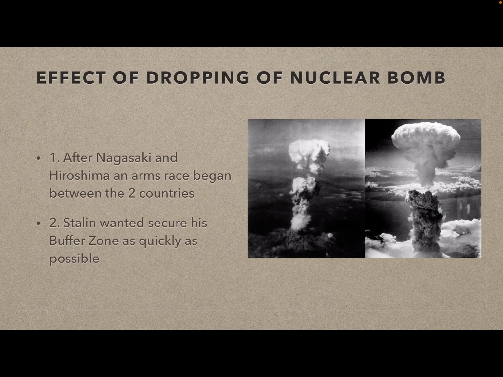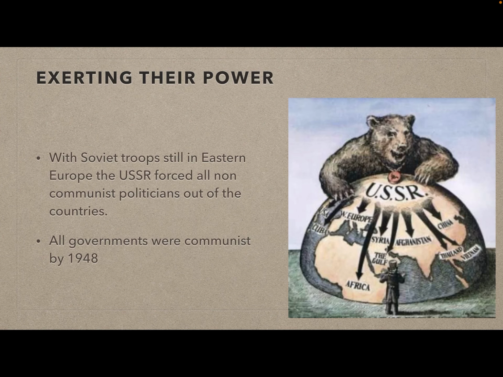So with the dropping of the atomic bombs on Nagasaki and Hiroshima by the United States, an arms race began between the 2 superpowers, and Stalin wanted to secure the areas in this buffer zone, or Eastern Bloc, as quickly as possible.